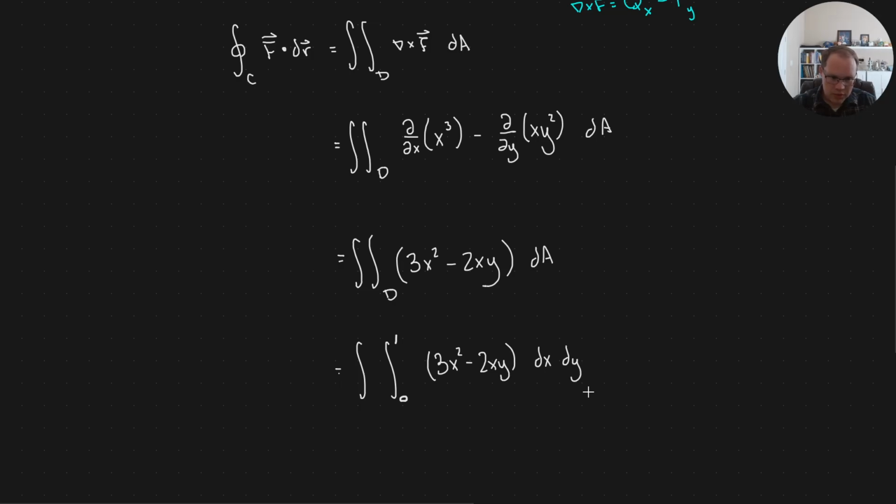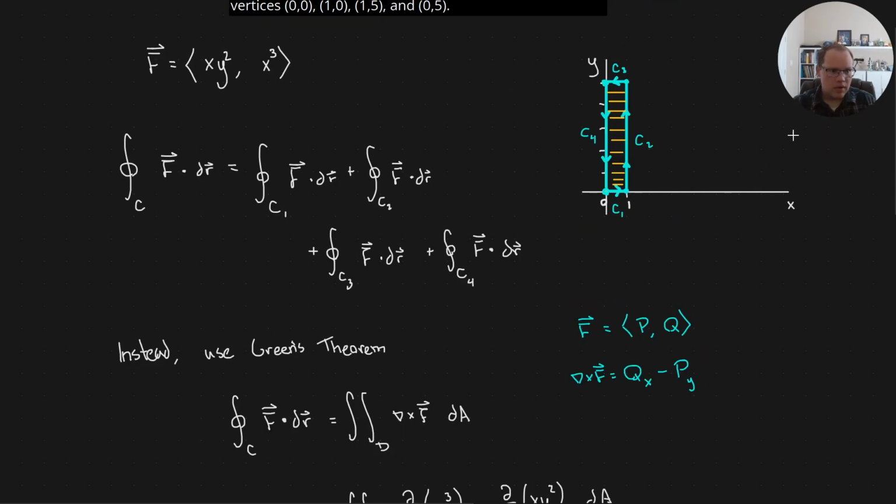And then I integrate with respect to y, collapsing the shape in the x dimension. And I go from y equals 0 to y equals 5.